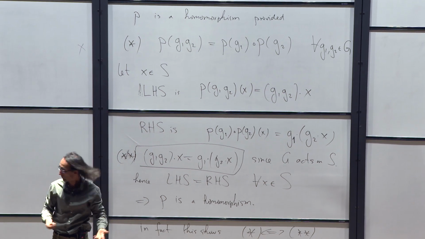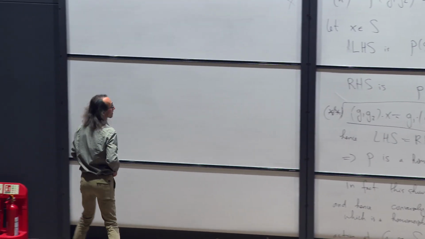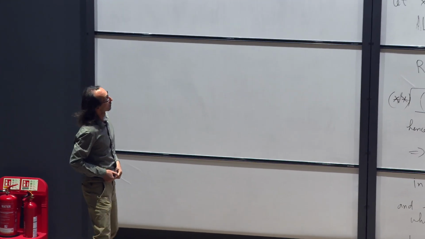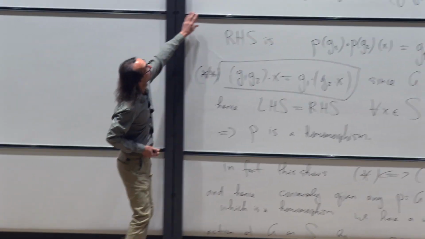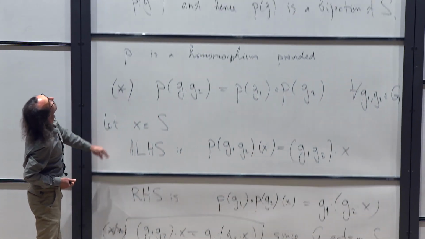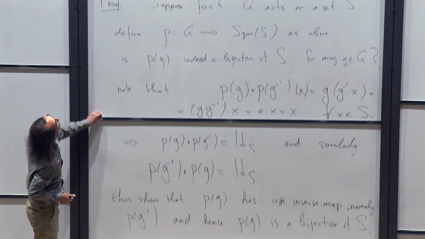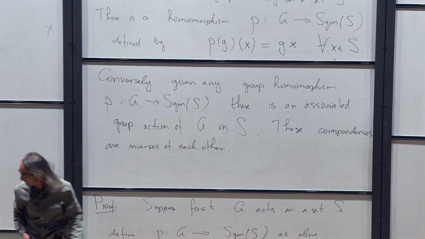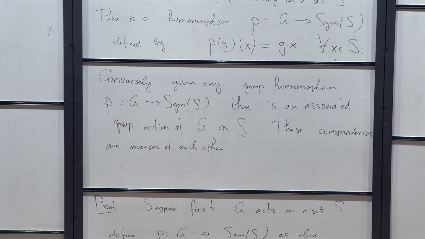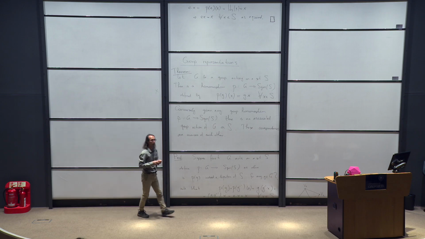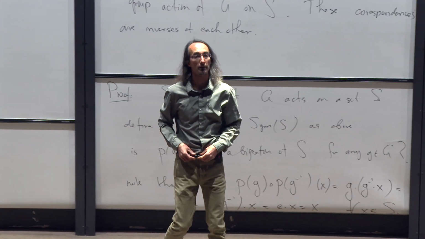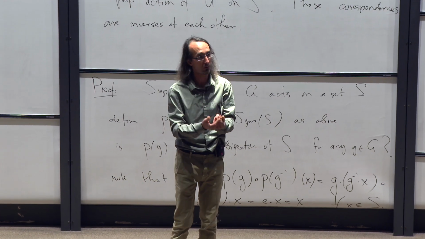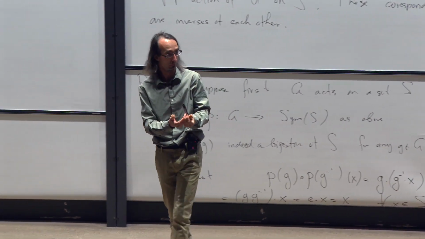Yeah. So now, why is this a good statement to have? I'll scroll back now to the statement of the theorem. Okay. Let's apply it immediately. At the beginning of the course last term, I mentioned Cayley's theorem, that every finite group, in fact, is isomorphic to a subgroup of the symmetric group.